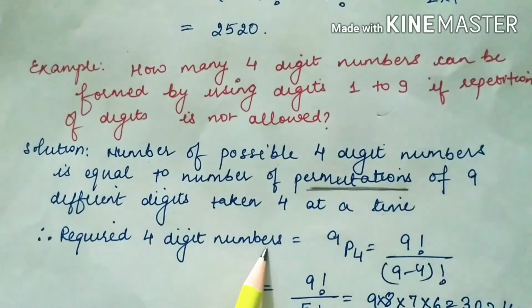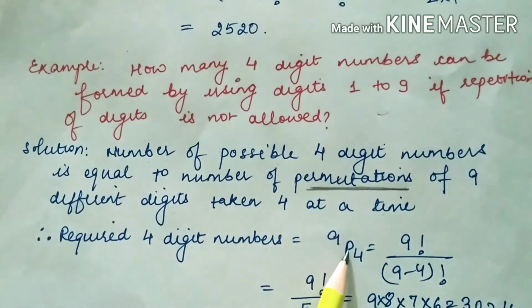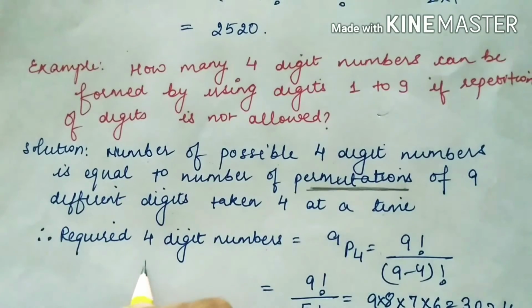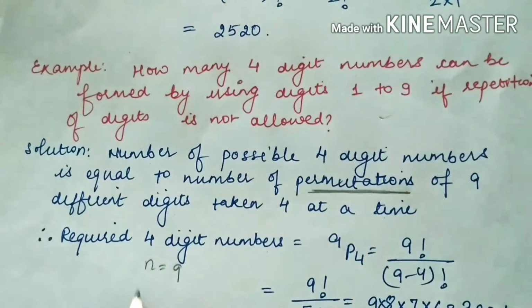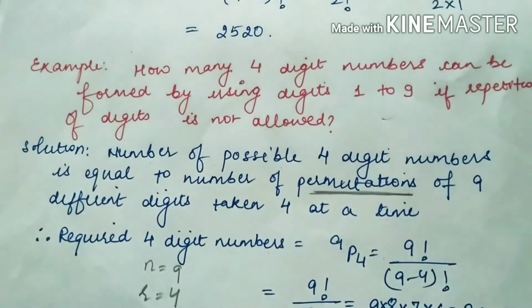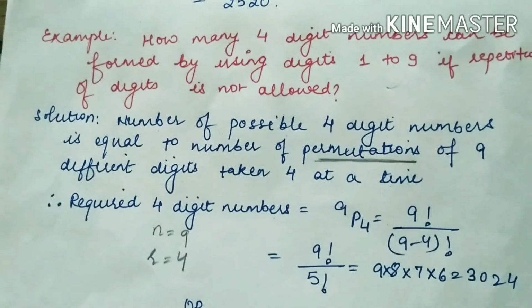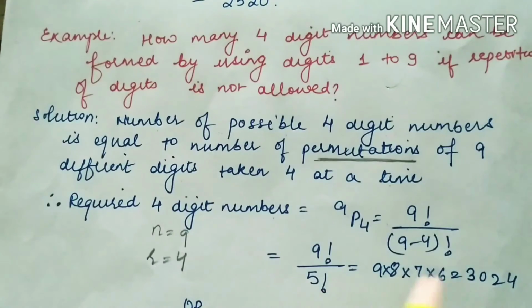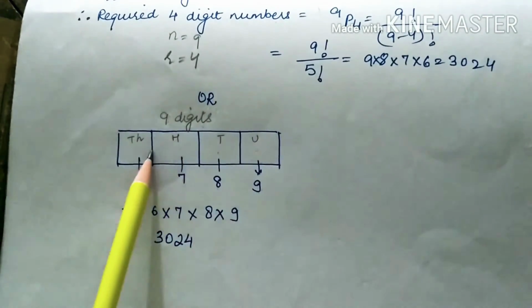So the required 4-digit number will be given by 9P4. Here n is 9 and r is 4. So we will apply the formula of nPr, and when we solve we get the answer 3024. Or we can do it by the box method.